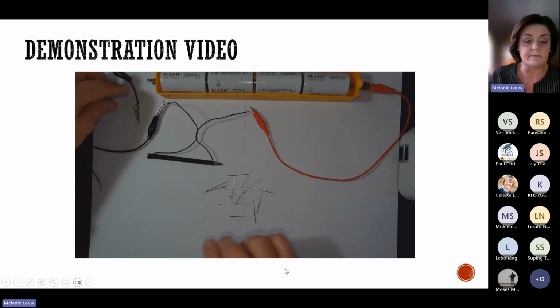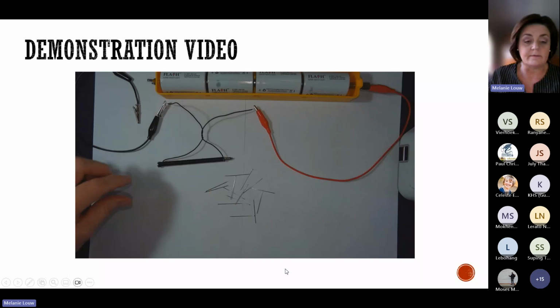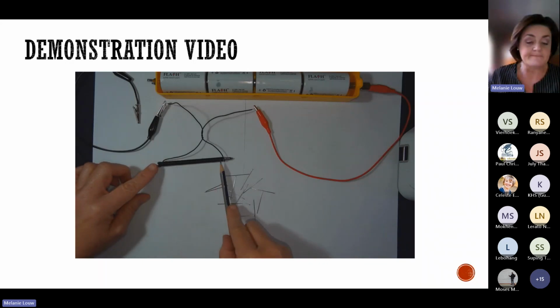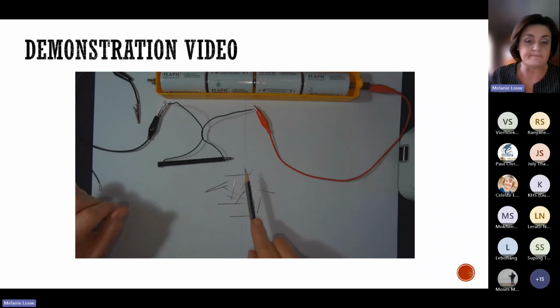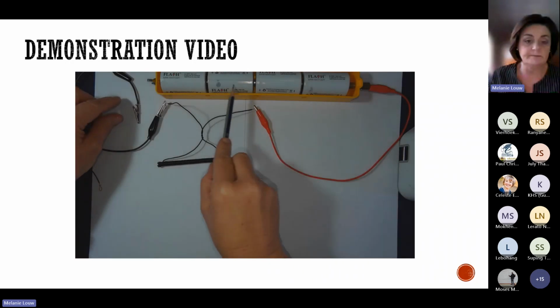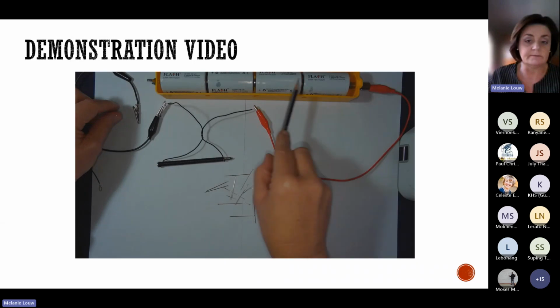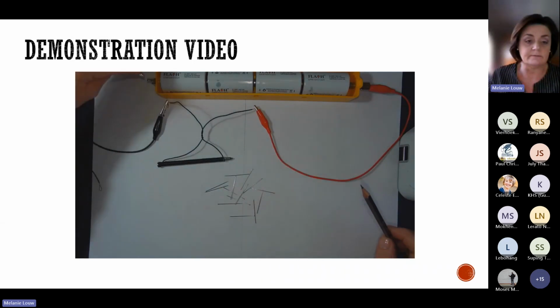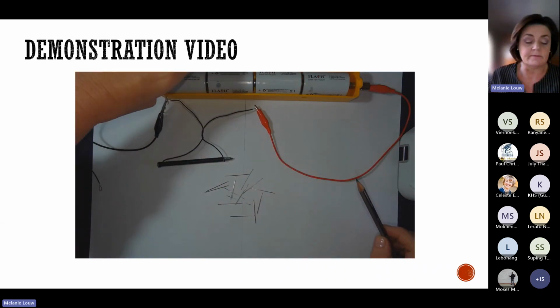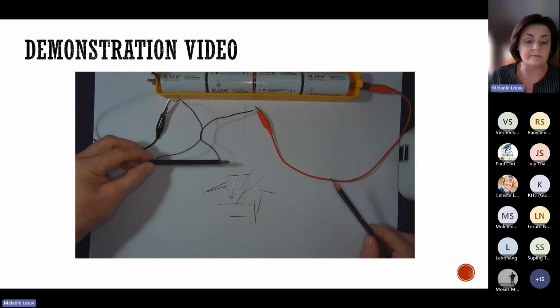For this last part of the demonstration, I'm still using my electromagnet with many turns of wire around the iron core. I have the same number of pins, but now I have connected 2 extra cells in series, so I have a total of 4 cells in series. Let's see how that affects the strength of this electromagnet.